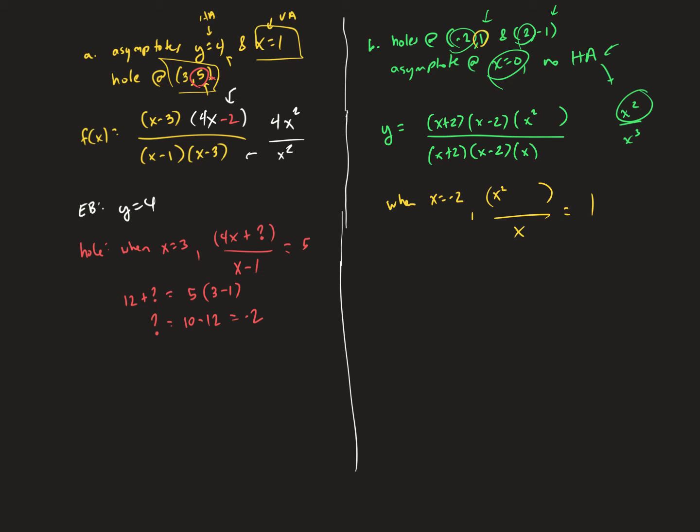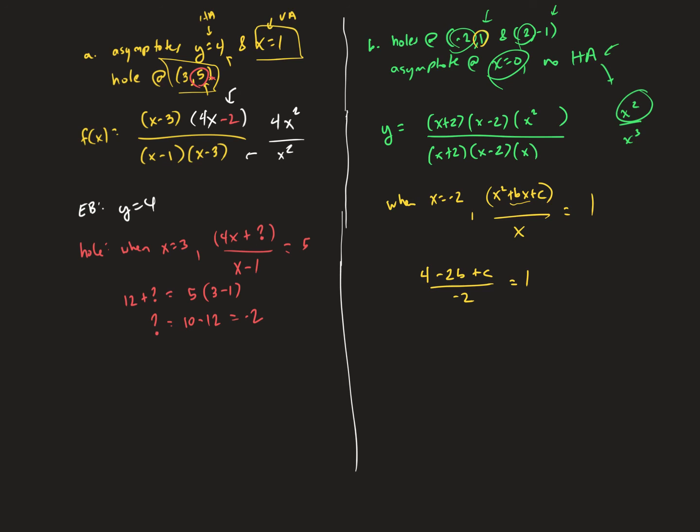So if I plug in -2 for x, and there could be multiple things going on here, let's assume, for now, that it's a full quadratic. And the likelihood of that is not necessarily high, but let's give it a shot. So when I plug in -2 here, I'm going to get 4 minus 2b plus c all over -2 equals 1. Now, that still has b and c in it, right?